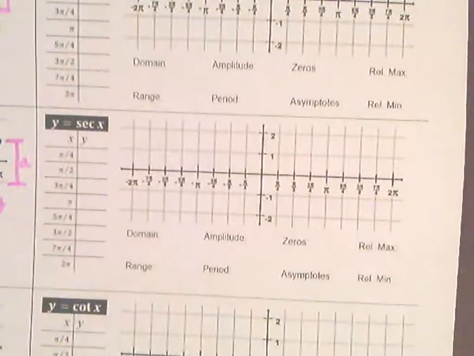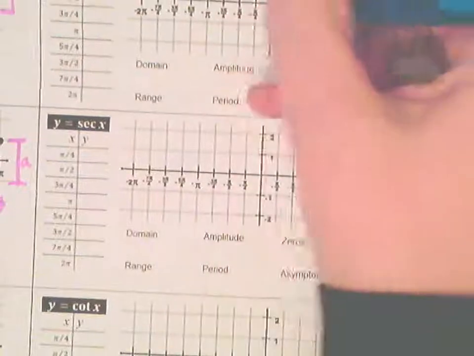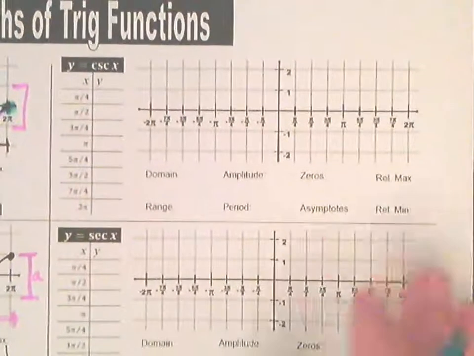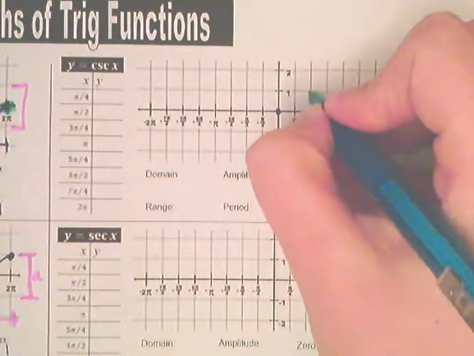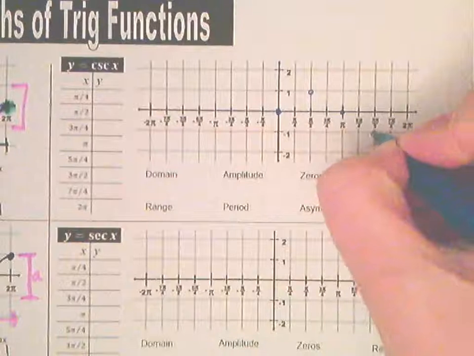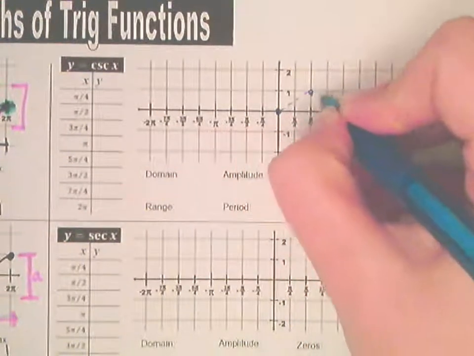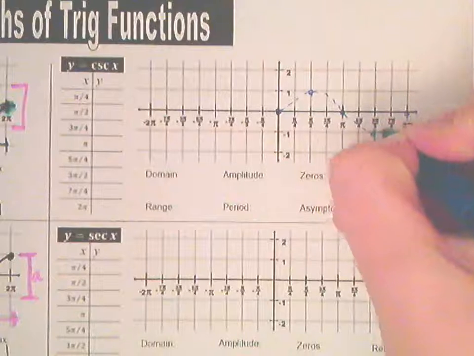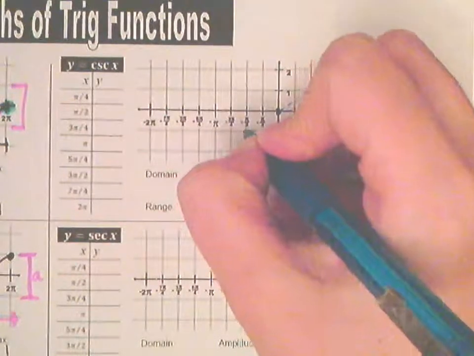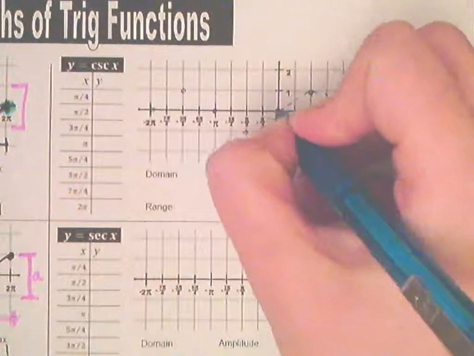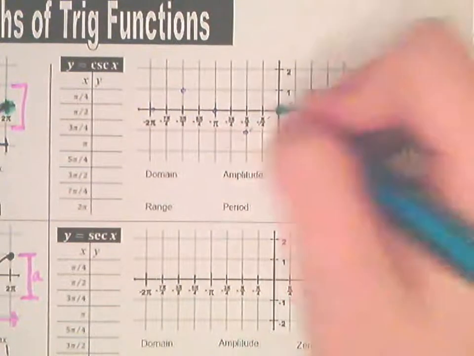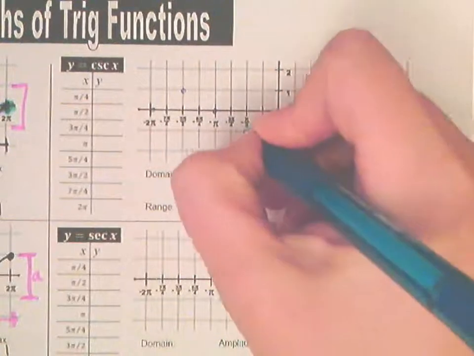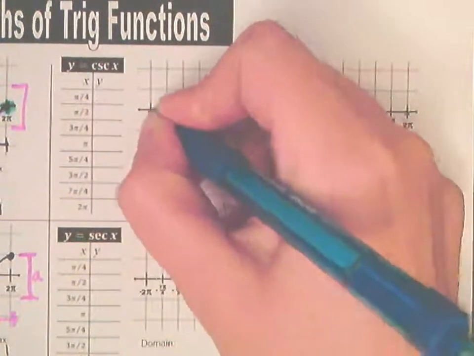All right, so before I even think about the cosecant function, what I want to do really quick is I just want to draw the sine function here, just dotted, just so you can see the similarities in a minute. So I'm just going to plot the points, and I'm going to graph this just with a dotted line because this is not what we want to graph here, but you'll see why in a minute.